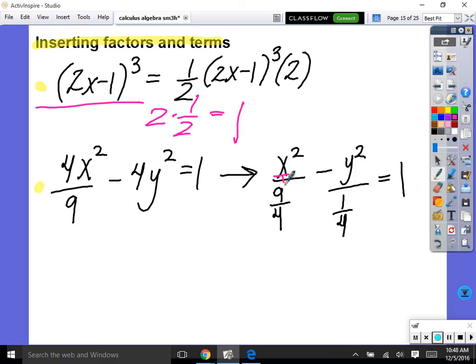Okay, x over 1. Flip the second, 4. And then 9's on the bottom, so that'd be 4x squared over 9. Good question. So looking at this, we have minus y squared divided by 1/4. It's the same as this because you flip the second, negative y over 1, and multiply. Is everybody seeing it now? Okay.